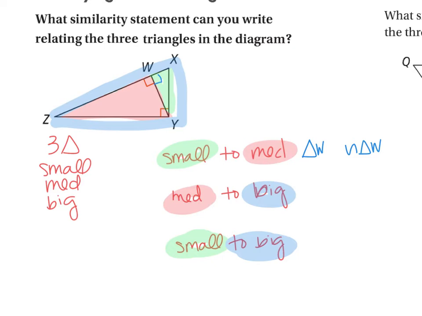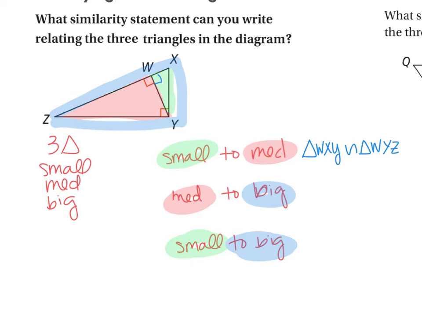The fat angle in the small one is X. And the fat angle in the medium one would be Y. Okay, and then the last angle to do is the skinny angle. The skinny angle in the small one would be Y. And the skinny angle in the medium one would be Z. So that would be one of your similarity statements.